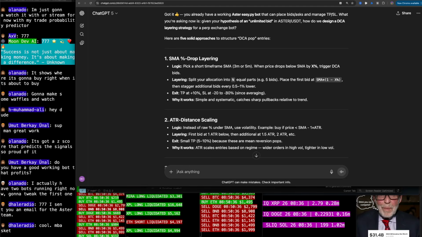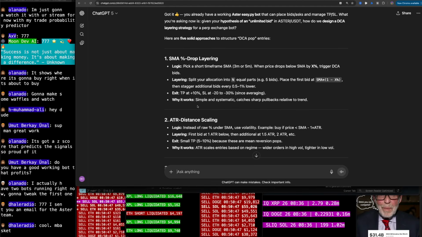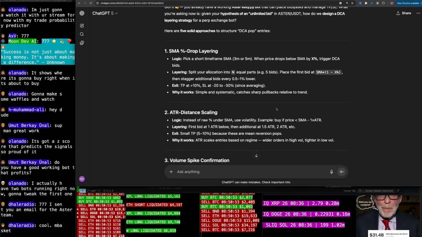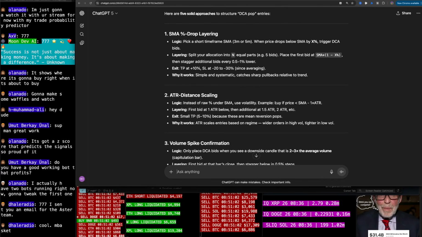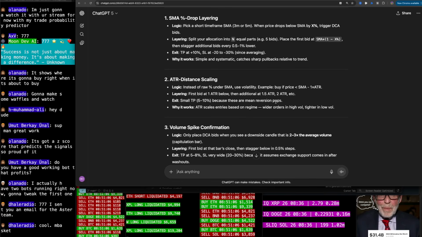Then stagger additional bids every 0.5 to 1%. Take profit at 10%, stop loss at -20 since averaging. Why it works: simplistic, catches sharp pullbacks relative to trend. ATR distance scaling: instead of raw percentage under SMA, use volatility.